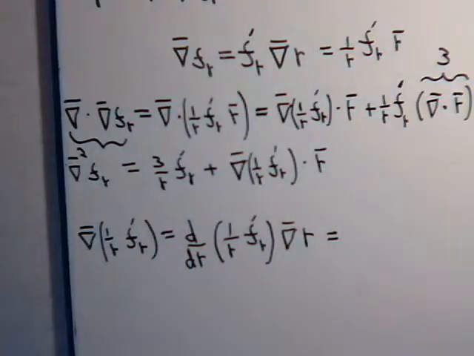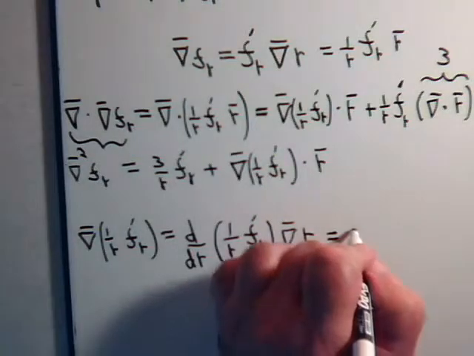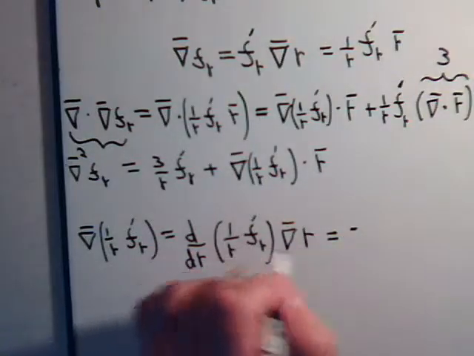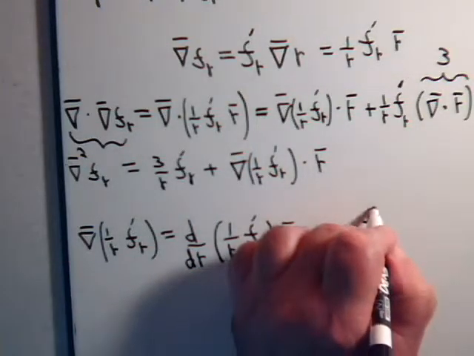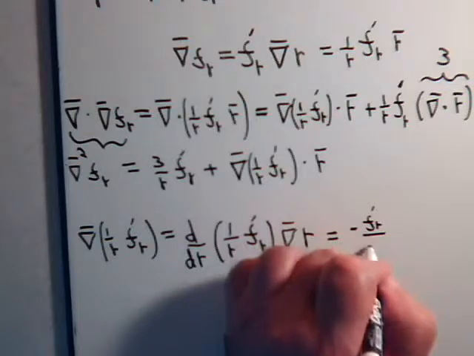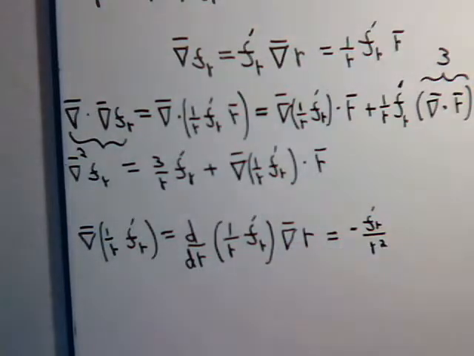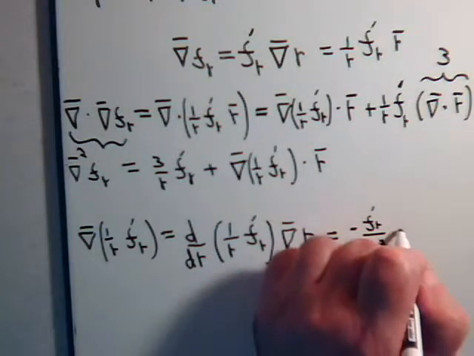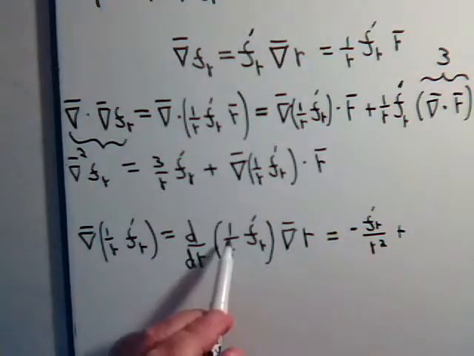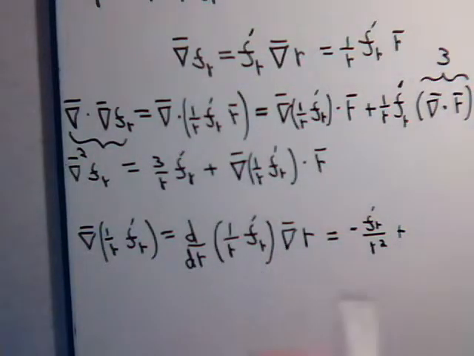And taking now the derivative of this product, we'll have this times the derivative of 1 over r, so that will equal minus this f prime of r divided by r squared. That's this times the derivative of this. Then we're also going to have plus 1 over r times the second derivative.